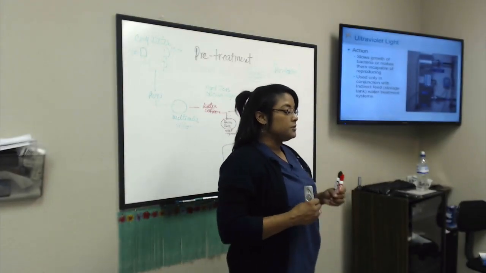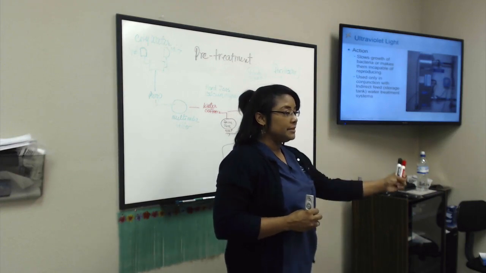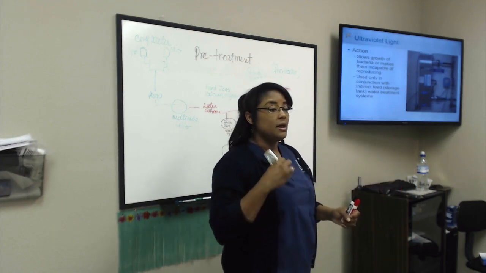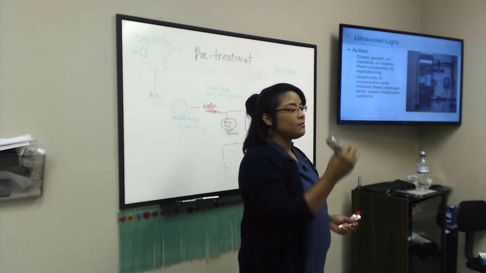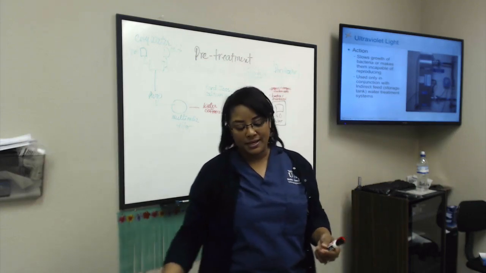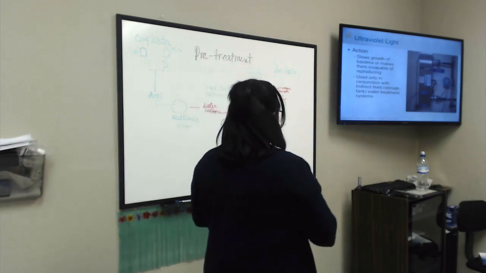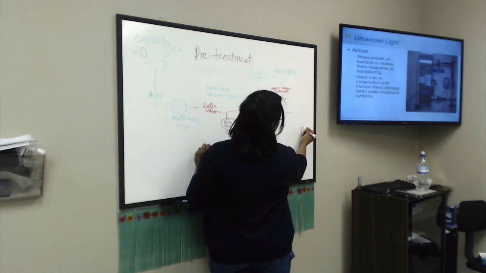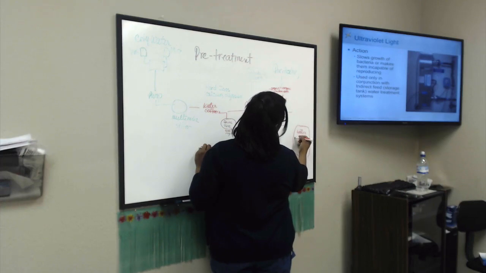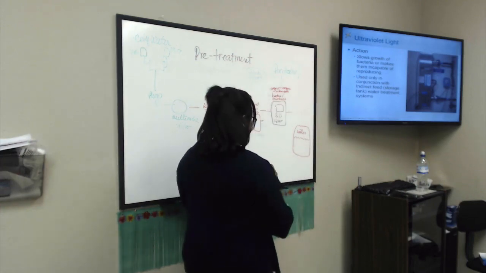So you will see that at the dialysis center, you will have direct feed or indirect feed. So what is indirect feed? Say that I have a water tank, and it is getting full of water.